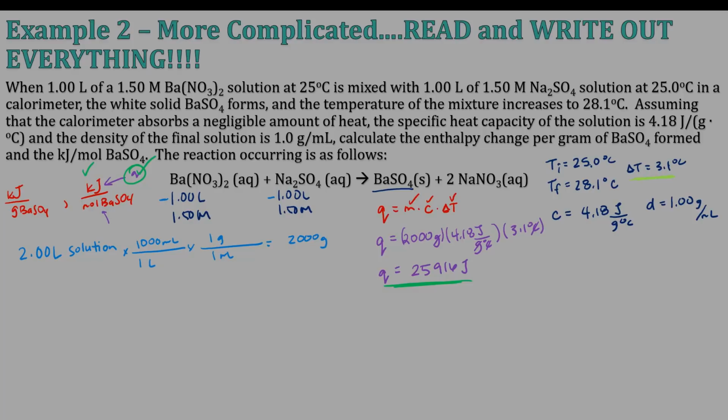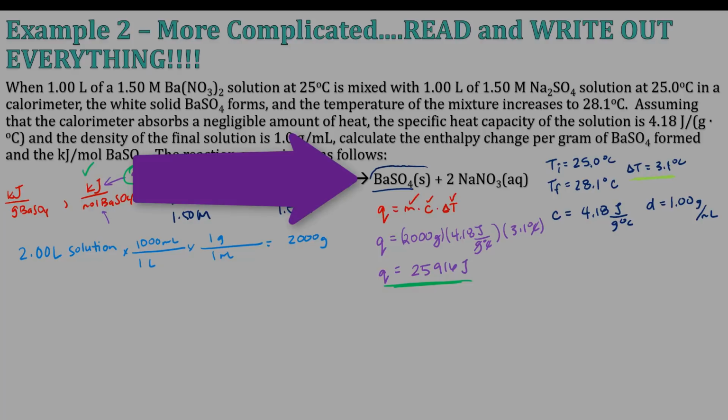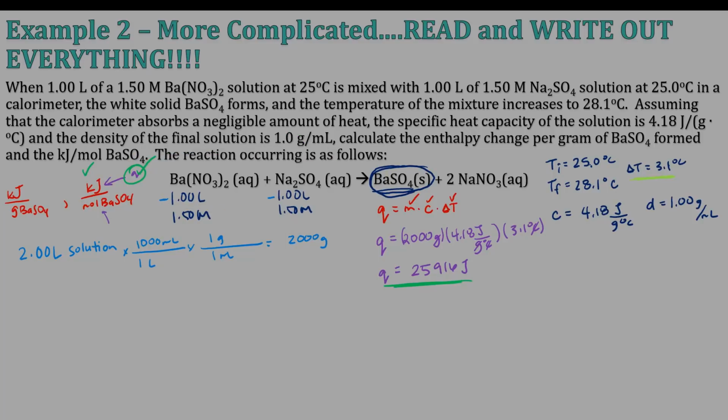All right, I know that I need this, but I don't know how much of that I have. All I know is I've got this and I've got this, which means I have to do a mole-to-mole ratio to go from one substance to another substance. So I'm going to start with barium nitrate.